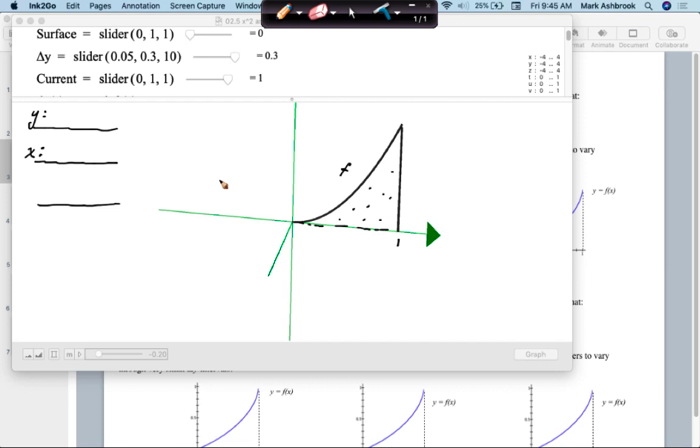So when you organize this or when you set this up, you think about in terms of y and in terms of x. So if we wanted to find those points, what's my y constraint? What are all those points in terms of y? I want every single one of these points.